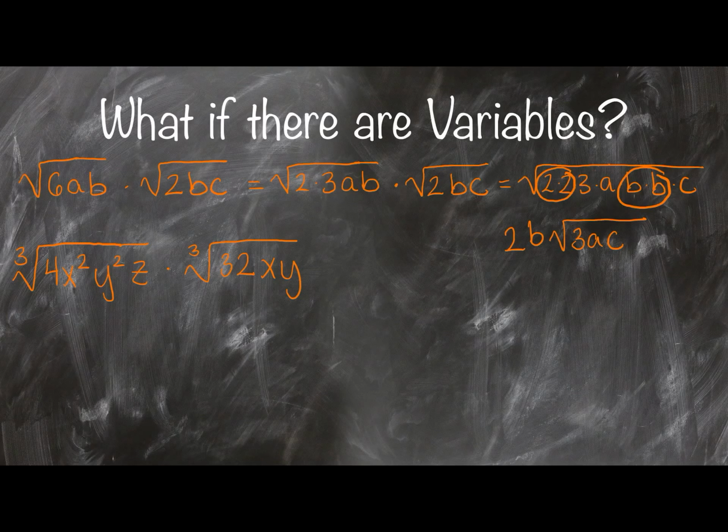All right, let's go ahead and find our prime factorizations. There's not too much to break up here. I'm going to go ahead and do this one below. So we have the cube root of 2 times 2 times x squared y squared z.